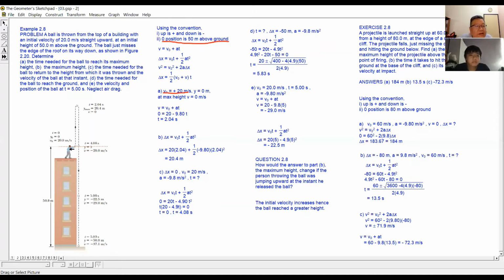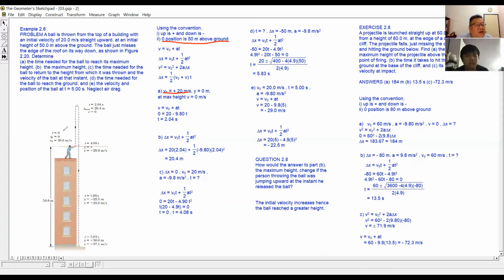These 50 meters include the height of this person, up to where he projects the ball upwards. So the 50 meters is the height of the building and also a part of the height of this man. This level we call the zero position.